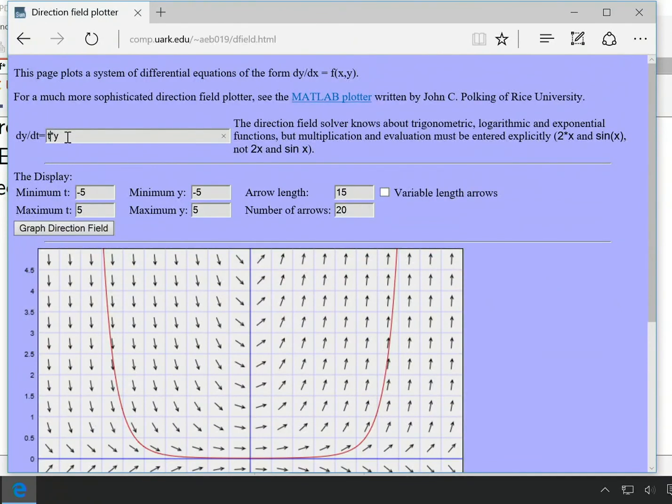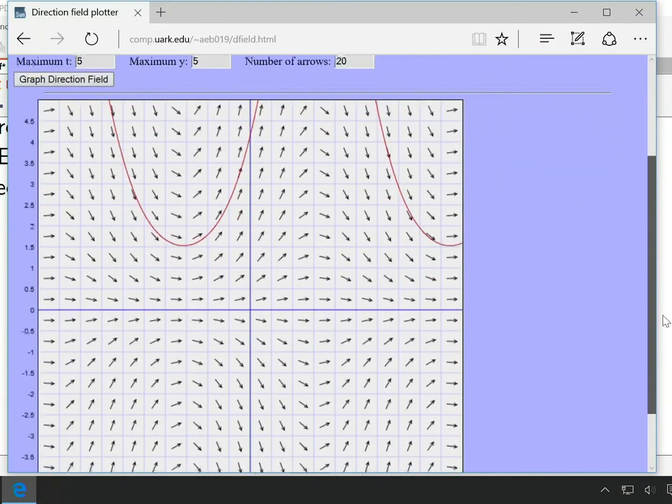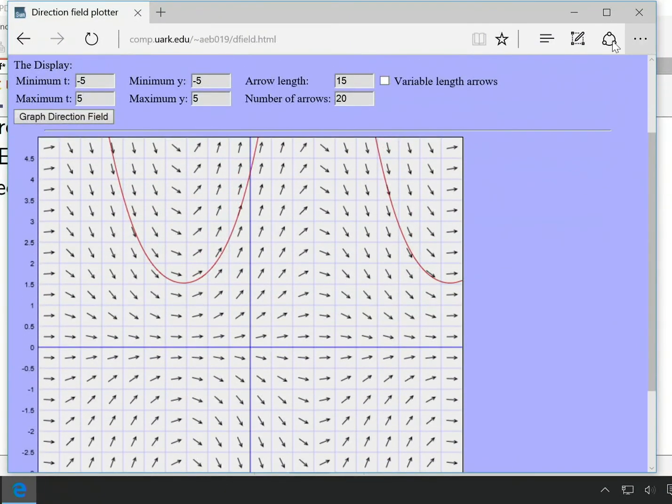Well, you can say cos t times y, and that's something different. Again, you can use this tool in class when you do your team-based learning. At least it's very simple.